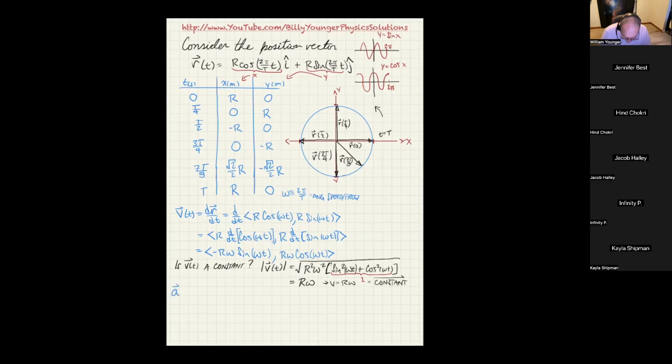So a of t is dv over dt. This time I want you guys to calculate this. You calculate it, I'll calculate it. We'll compare our answers at the end. And we're also going to, of course, figure out whether its magnitude's a constant as well.